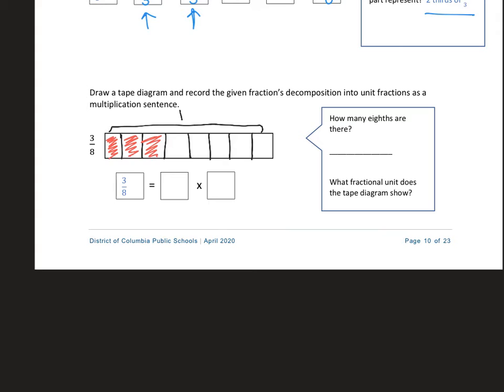Okay. So now I just need to write the multiplication sentence. Okay, if you need to write down the addition sentence first to help you, you can totally do that. So 3/8 would be the same as 1/8 plus 1/8 plus 1/8. Okay, and this is going to be the same as 1, 2, 3 copies of 1/8.